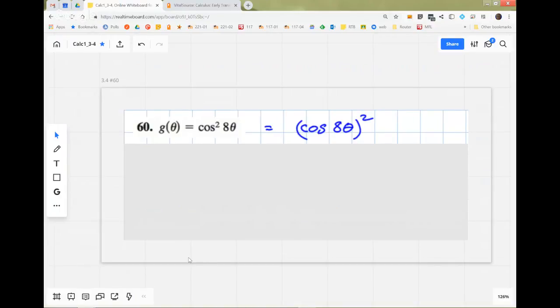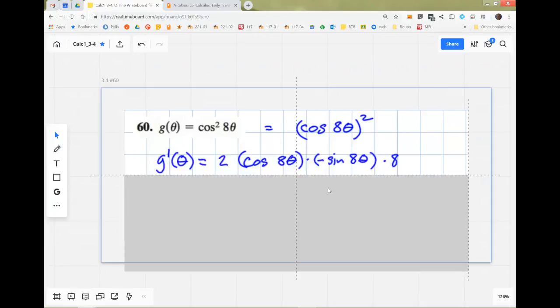So we've got the cosine squared of 8 theta. Because of this shortcut notation, I made it, I think it makes it clear that these mean the same thing. But this is clear for doing a derivative, isn't it? The first thing we're going to do is the power rule.